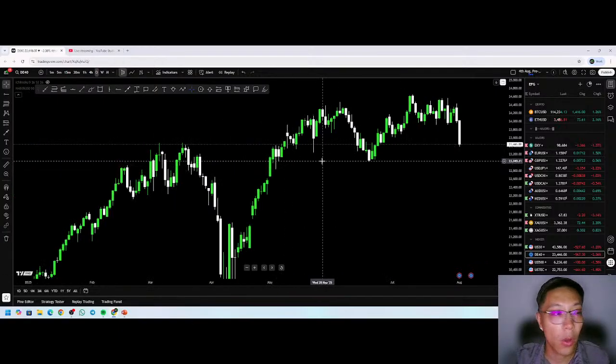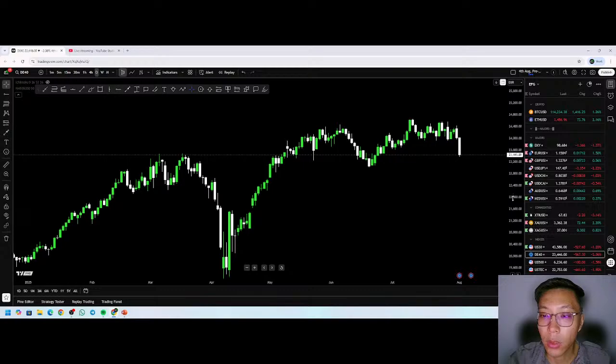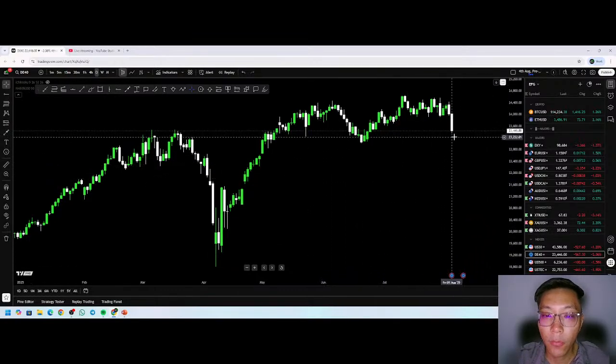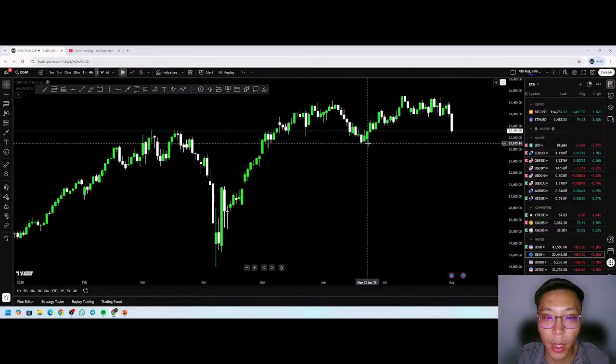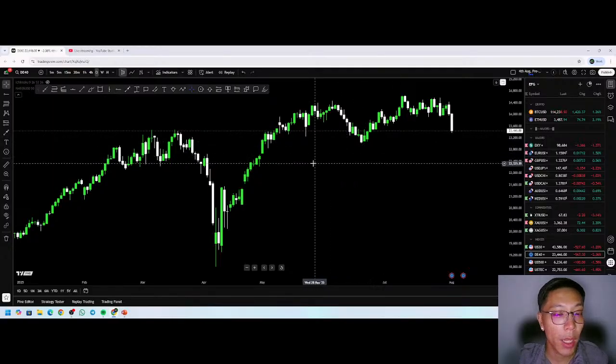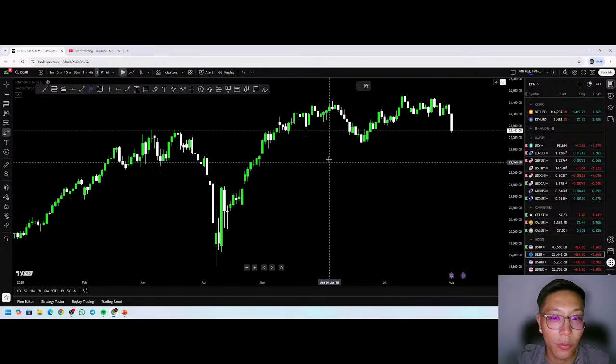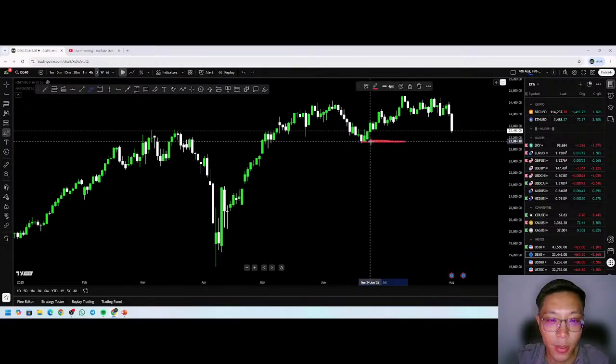So for this Germany 40, you can see, wow, Germany 40 is actually falling pretty hard. If you guys realize, Germany 40 doesn't really like to react to such swing low supports.